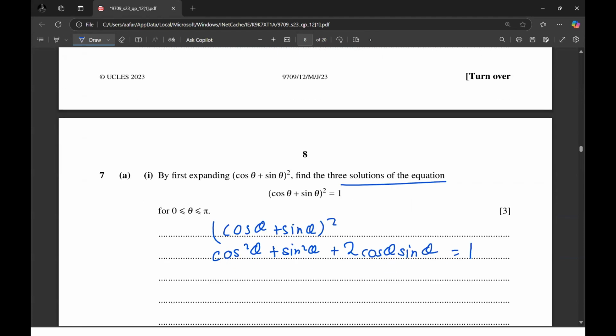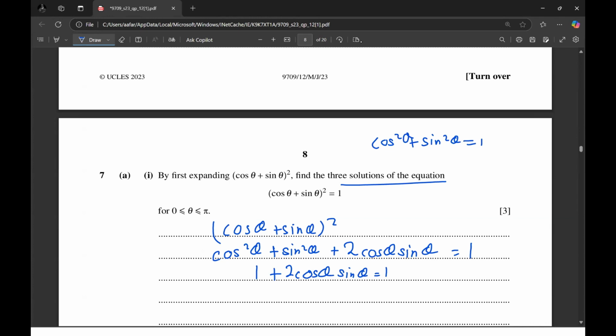So what we can do right here is substitute using the identity cos square theta plus sin square theta equals 1. So we do it like this: 1 plus 2 cos theta sin theta equal to 1.